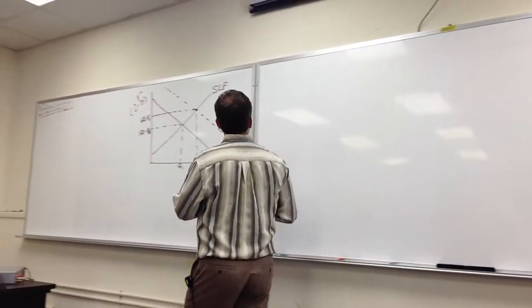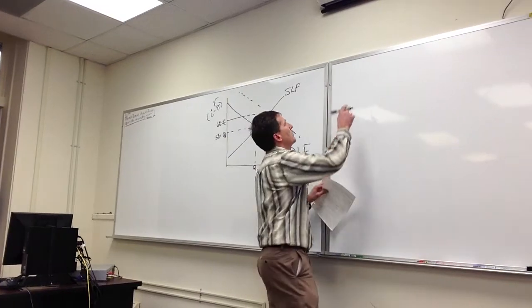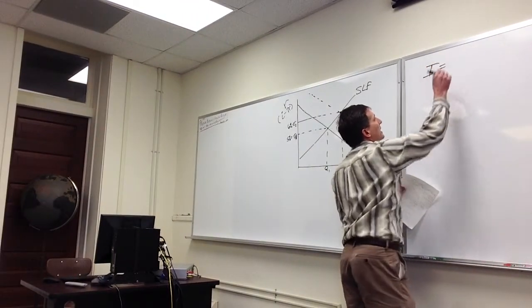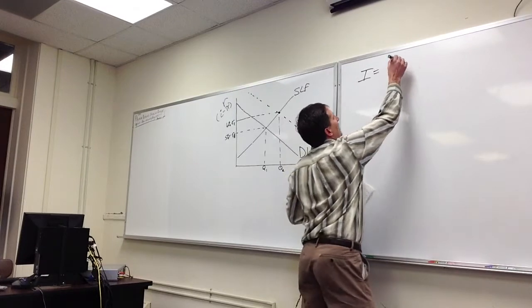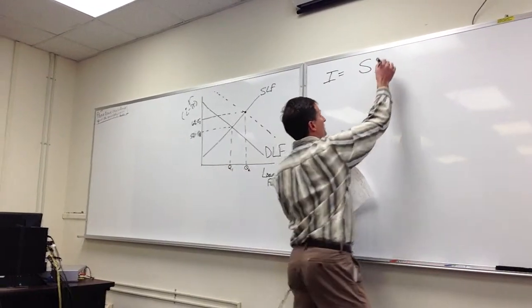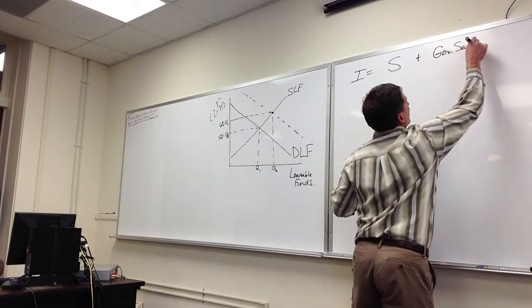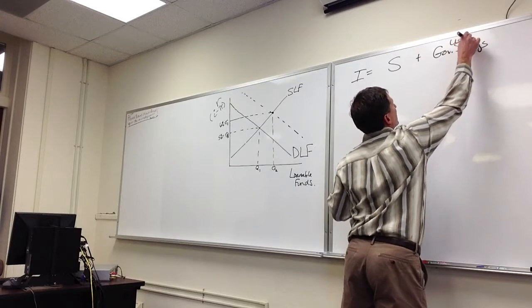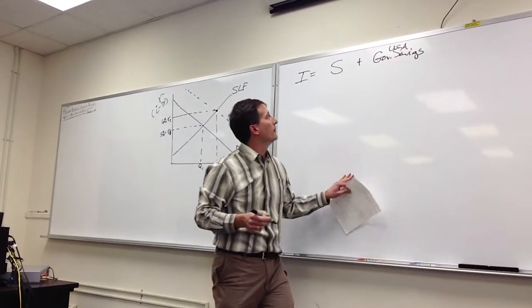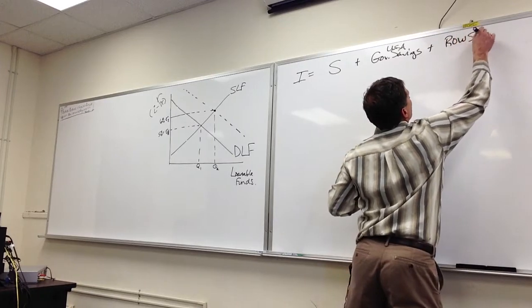So last time we used an equation that captured our level of investment, and we said it came from private savings, U.S. households, plus government savings, U.S. government, if we're talking about the United States, domestic government savings, plus the rest of the world savings.